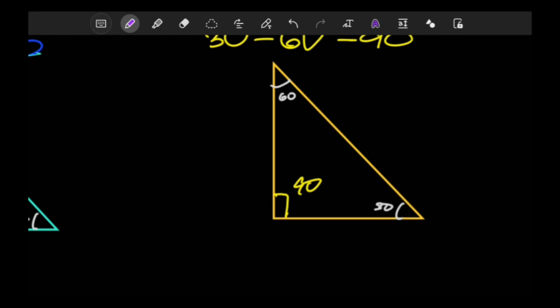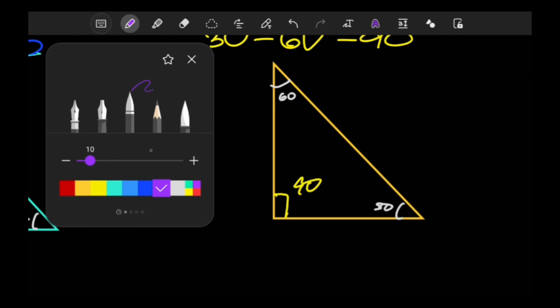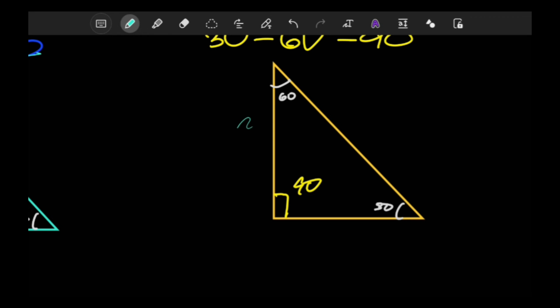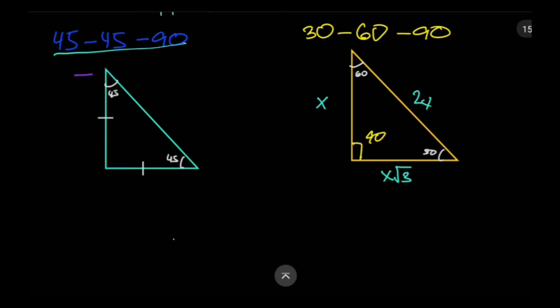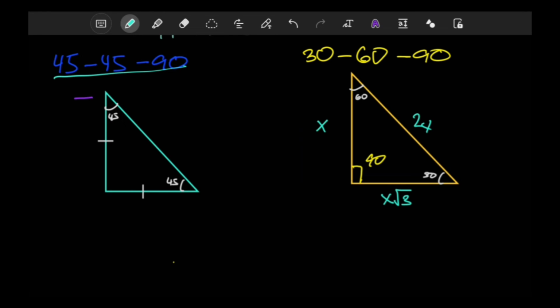You all know that if the smallest side is x, then the longest side should be x times the square root of 3. And finally, the hypotenuse is 2x. So let us use this property to solve some problems. Just to take note.